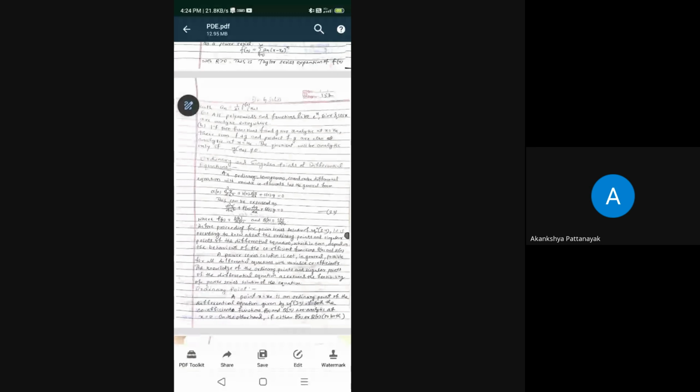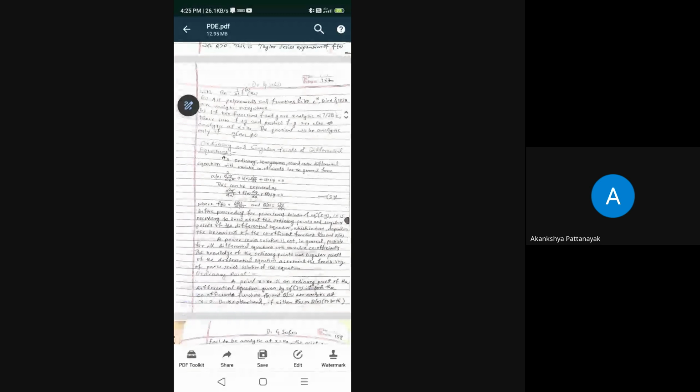So this can be expressed as d square y by dx square plus p(x) dy by dx plus q(x) y is equal to 0. If you divide the differential equation with a(x), then you have d square y by dx square plus p(x) dy by dx plus q(x) y is equal to 0, where p(x) is equal to b(x) by a(x) and q(x) is equal to c(x) by a(x).